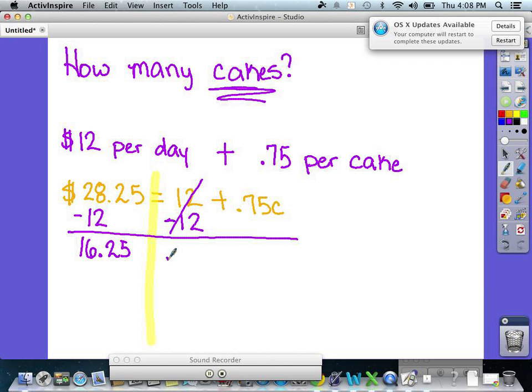And we only have 75 cents times C on this side. Now to get that variable by itself, we're going to have to divide by 75 cents. This will cancel out. We only have the variable C left on that side.